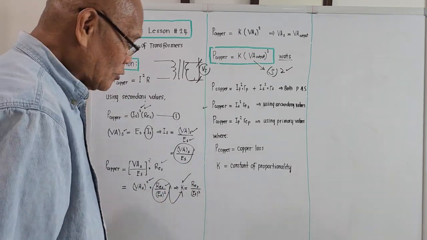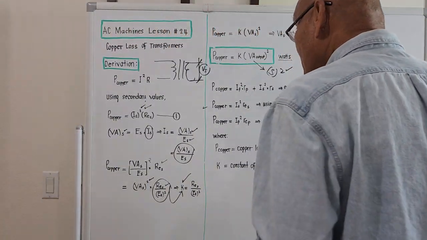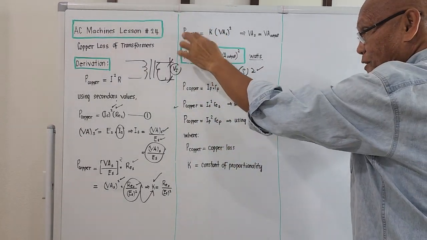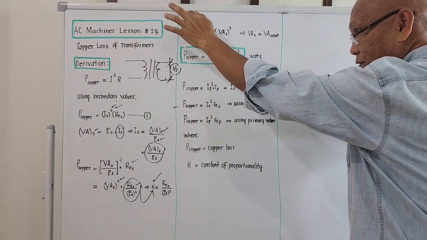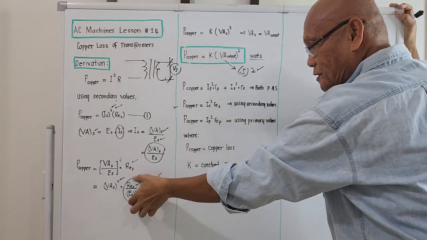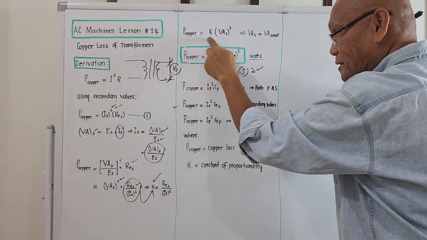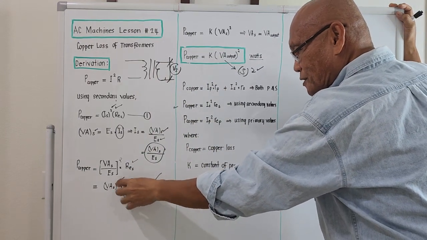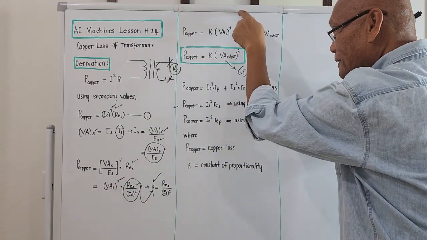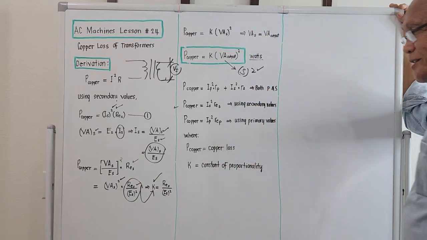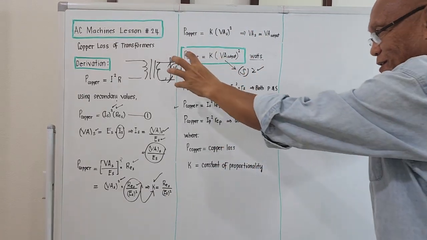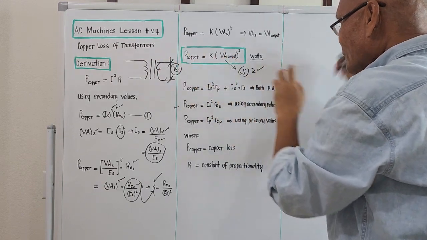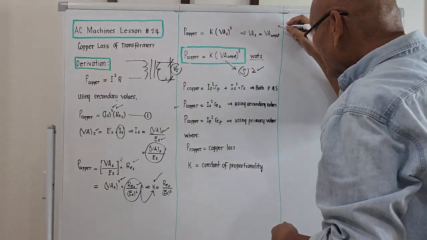So we will represent this ratio here as simply K. What will come out now? Capital letter P with the subscript copper, meaning copper losses, should be equal to K times the volt ampere with subscript S quantity squared. But if we look at the secondary side, the output on the secondary side is actually the voltage output of the transformer.